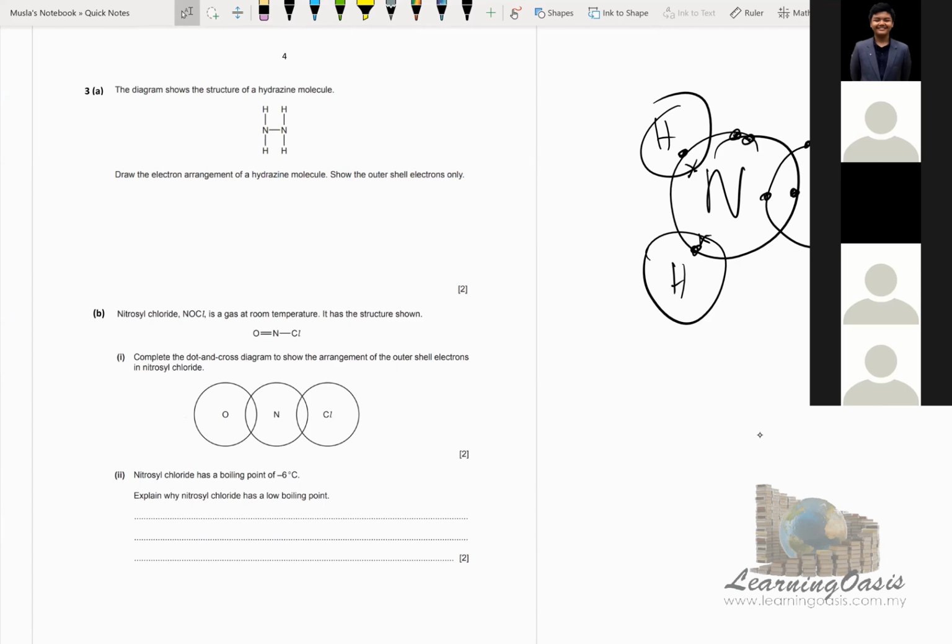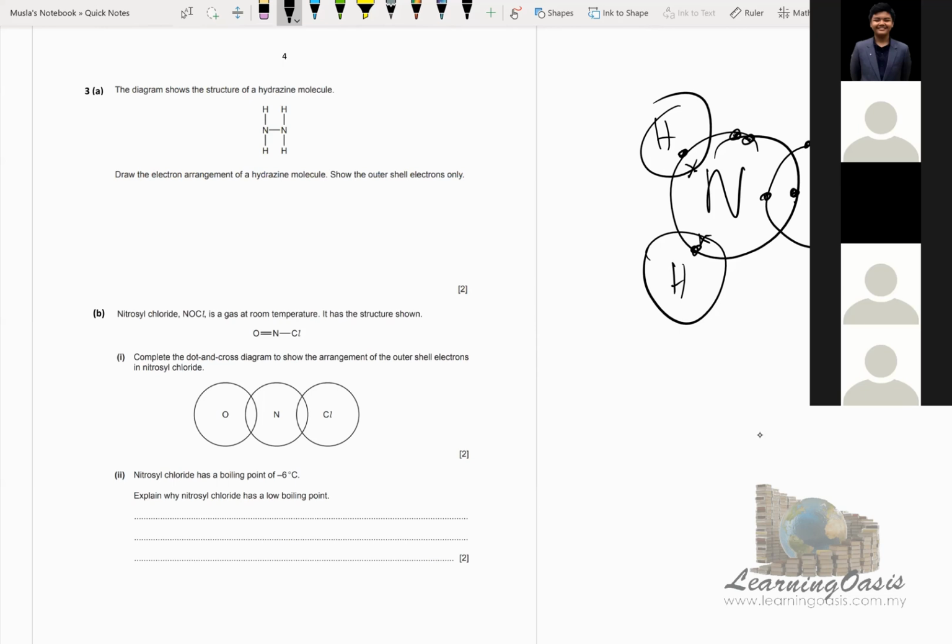If it requires another 2, it will share 2. So, do the sharing first. 1, 2, 3. And then 4, 5. Get it? Hydrogen is 1, so they need another 1 for a duplet stability. So 1, 2, 3, 4, 5, 6, 7, 8. Right. So at the end of it, both hydrogen achieve duplet, nitrogen achieves octet stability.